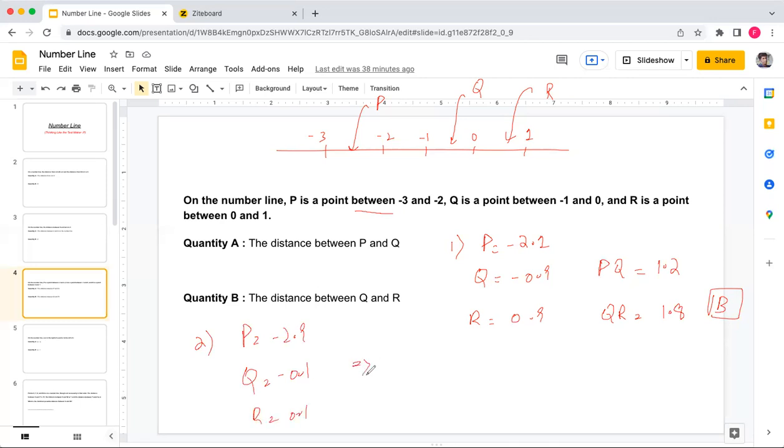What is the distance between PQ? 2.8. And what is the value for QR? 0.2. Yes. Now quantity A is greater, right? That's why the answer to this is D.